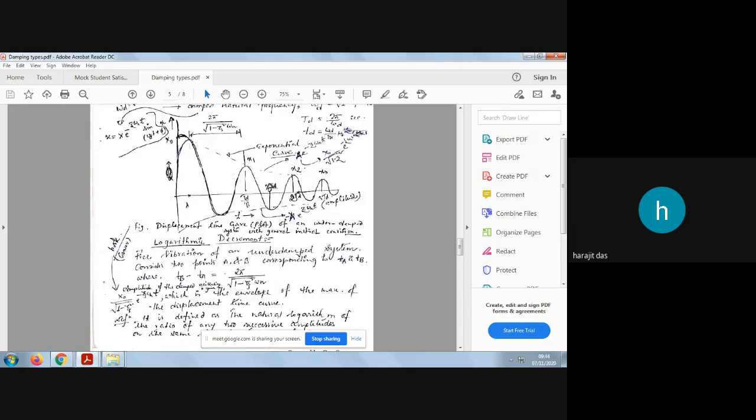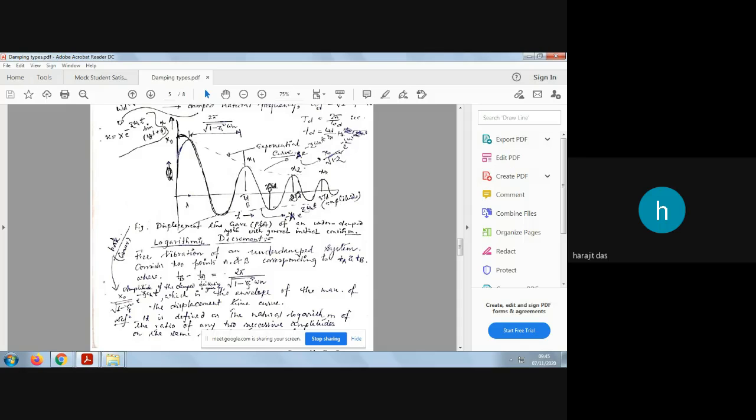So what will be tb minus ta? These two points are chosen in such a way that they span one time period executed by this system. From point a to point b the distance is the same, so tb minus ta will give you the time period of this underdamped vibration.